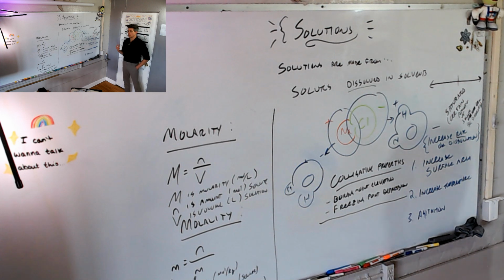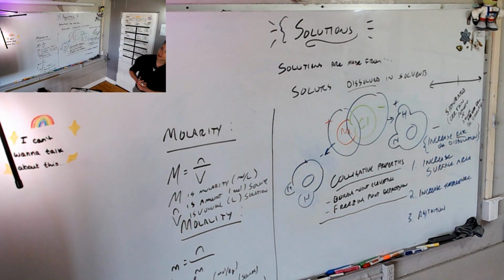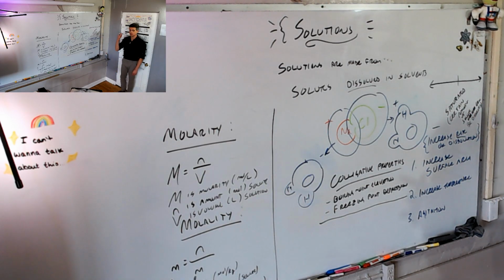So if you read about the solubility of different stuff, which you will as you come across them in your chapter review, and actually this becomes more important in the next couple chapters, it'll give it to you usually in grams per liter of water or hexane or whatever the solvent is, at a certain temperature.